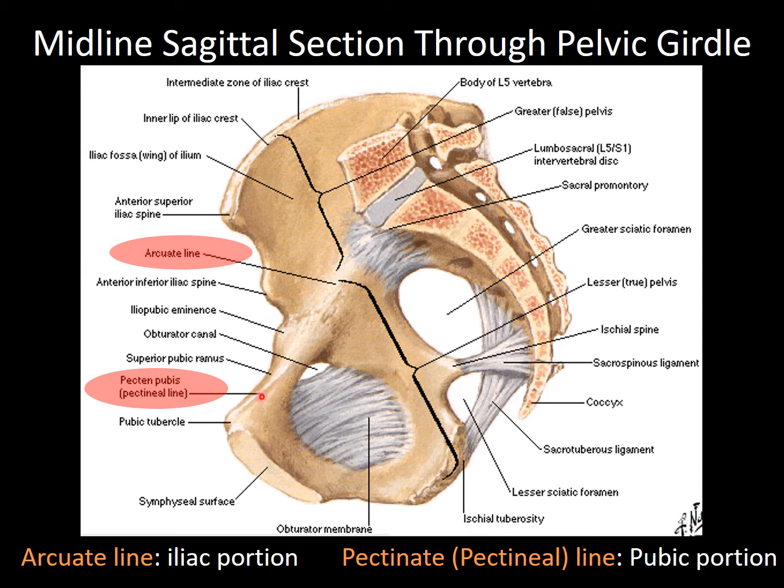It is an actual crest that you can feel that runs across the pubis. We call it the pectineal line here. And then once you reach the ilium, it's now called the arcuate line. Together that line divides the greater or false pelvis up here from the lesser pelvis, which is the bowl down here. The bowl for your guts.